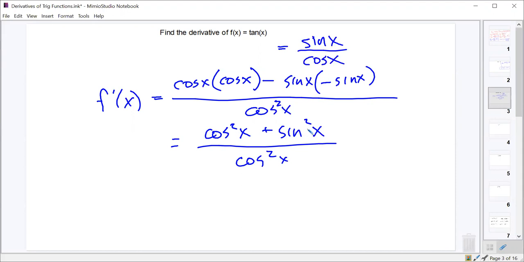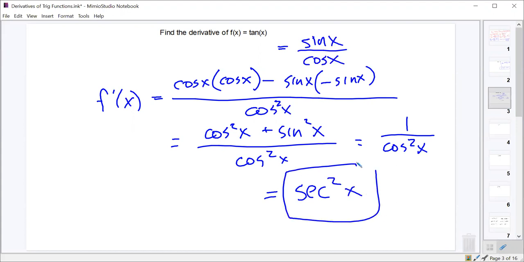And cosine squared x plus sine squared x is 1. So we have 1 over cosine squared x, and we'll normally write this as secant squared x. So the derivative of tangent is secant squared. Everybody good there? You'll want to memorize that one.